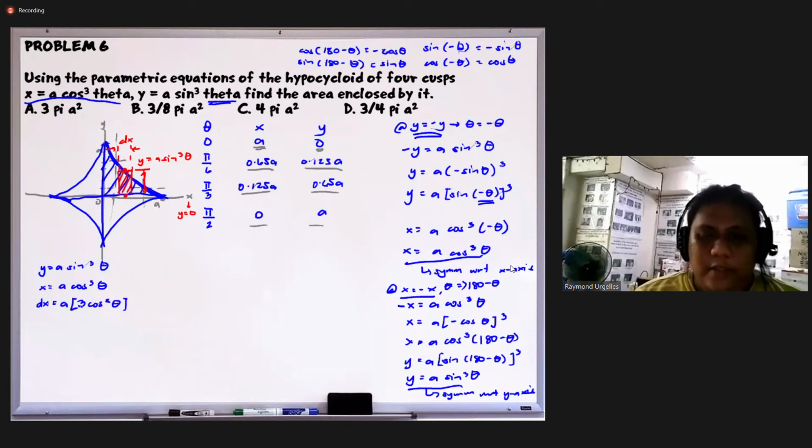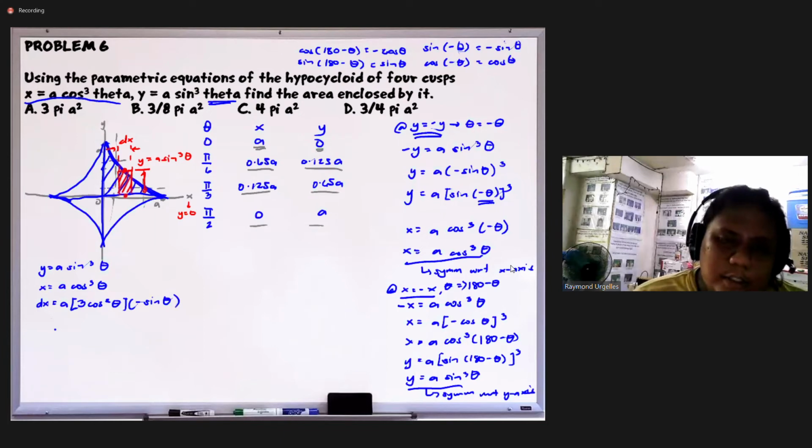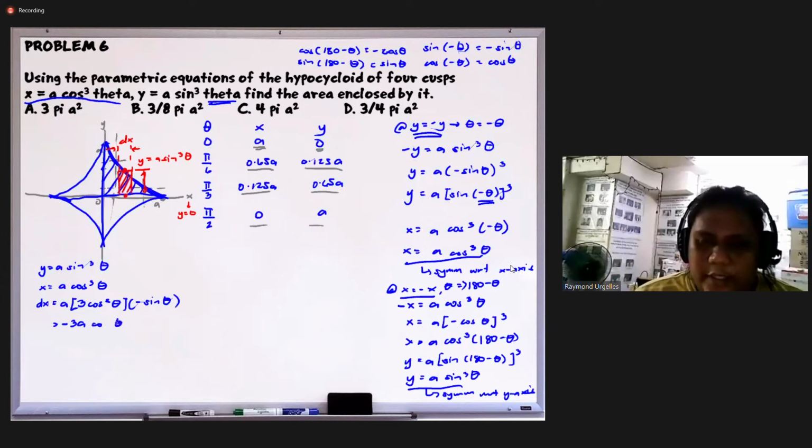The exponent multiplies, and 3 minus 1 is 2, so cosine squared. By the chain rule, multiplied by the derivative of cosine, which is negative sine of theta. Simplifying, this is negative 3a cosine squared of theta times sine of theta.